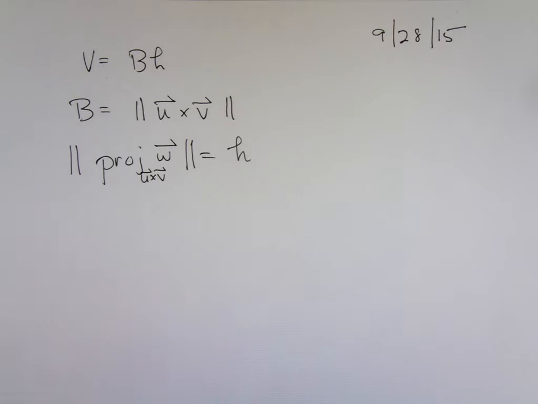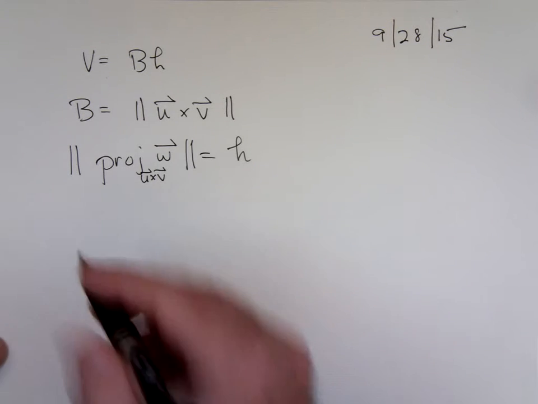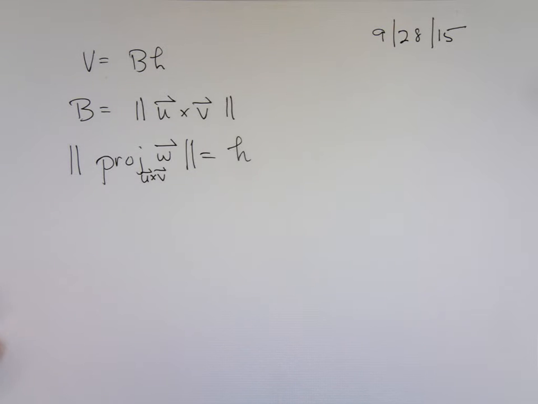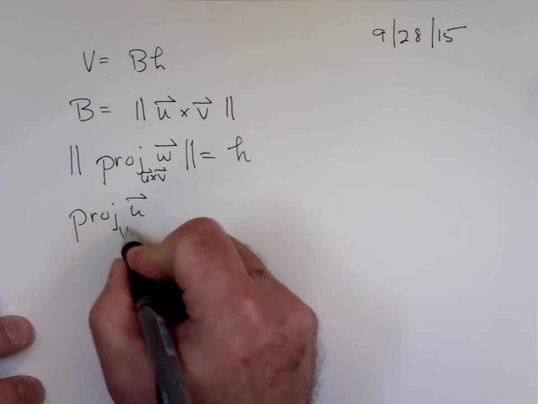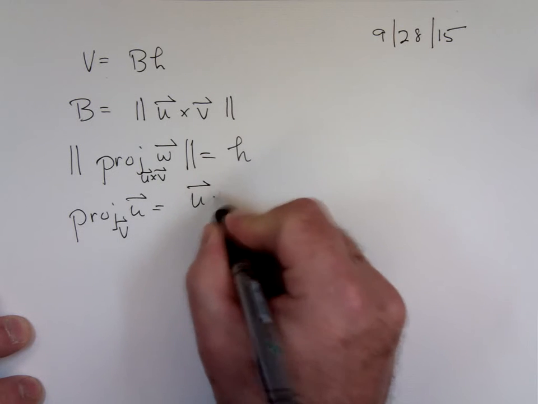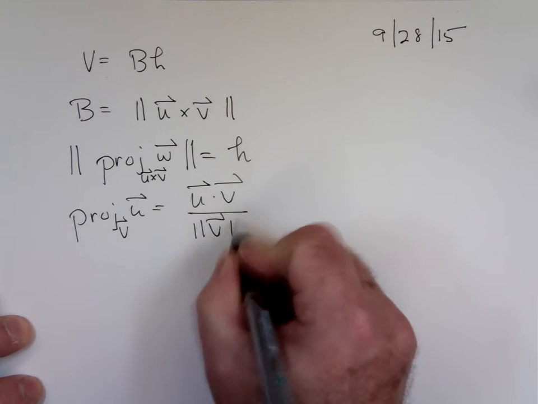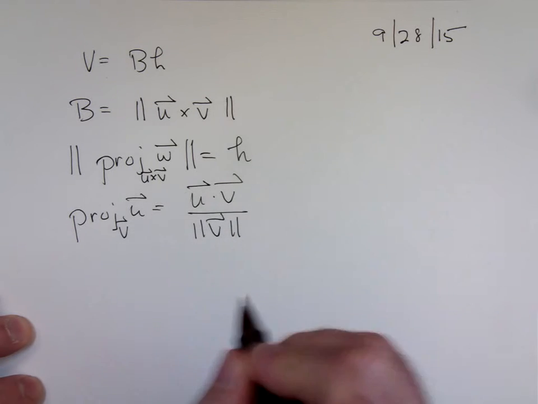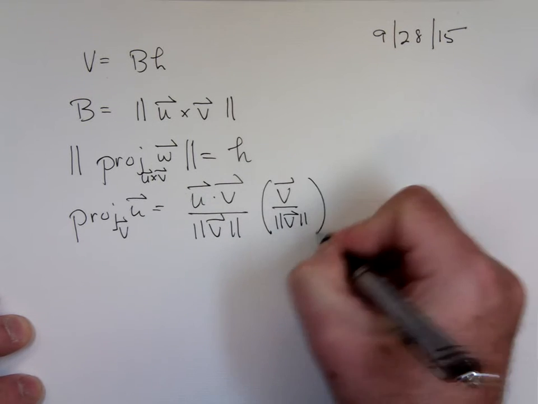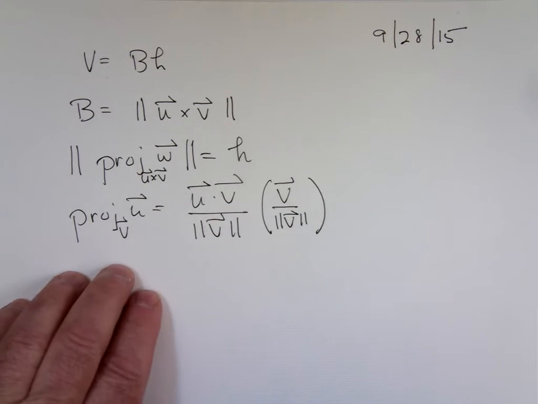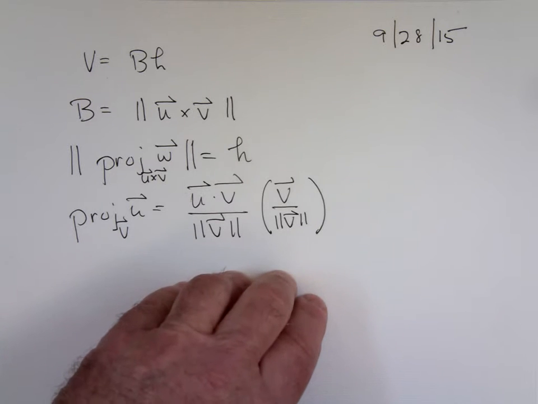When we did the projection of one vector on another, remember what happened. When we did the projection of U on V, the magnitude was equal to their dot product over the magnitude of the vector being projected upon, squared, times V. So the projection of U on V is the dot product over magnitude of V squared, times V, or the magnitude of the projection times the unit vector in the direction of V. That was last week.